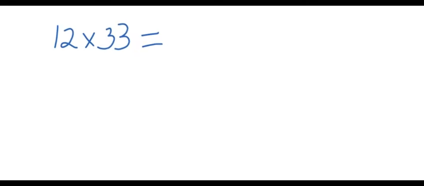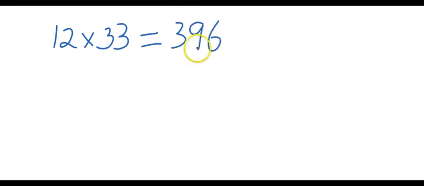So that will give you 66. So the 66 will be in your mind, then you add it to the 330. So 330 plus 66 will give you 396. And that is a very wonderful trick in multiplying any number by 12.